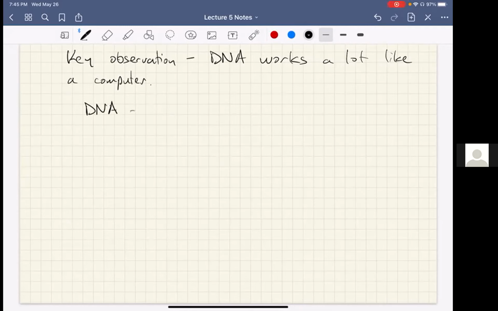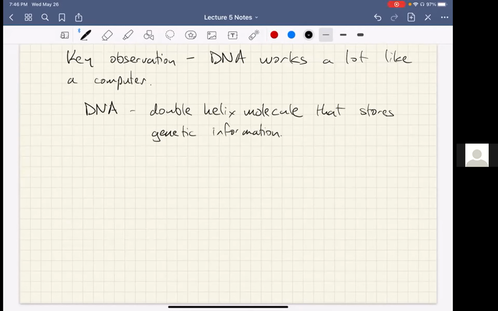So this is the famous double helix molecule that stores genetic information. And it's really useful to think of it as a recording tape, because that's really what it is.